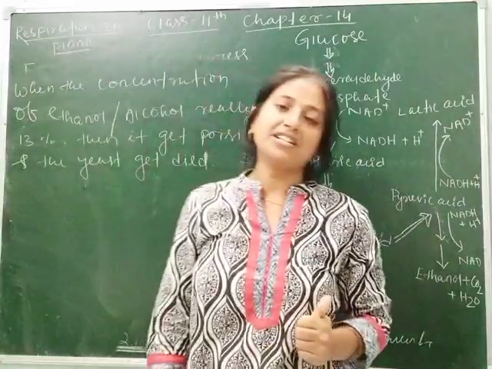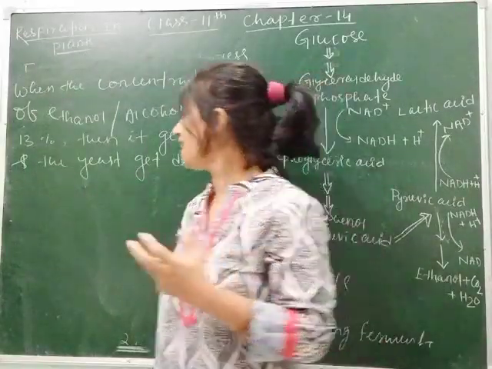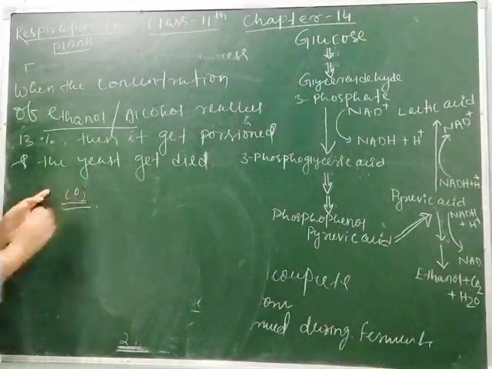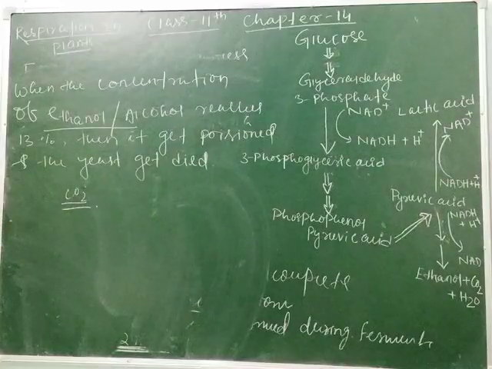At 13% concentration, the function of yeast is completed and they release ethanol and carbon dioxide. So this is how fermentation occurs.